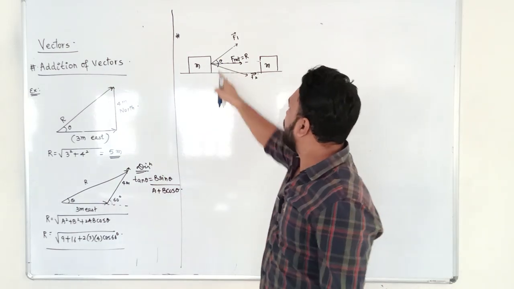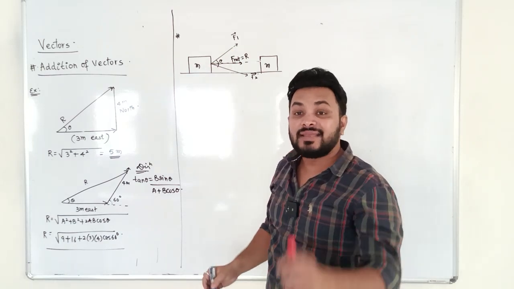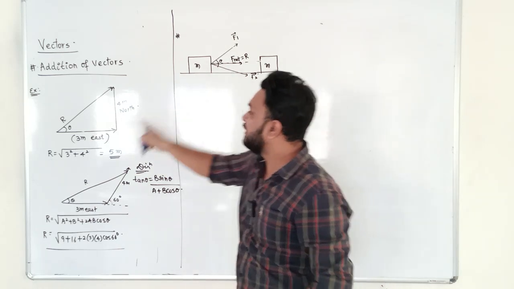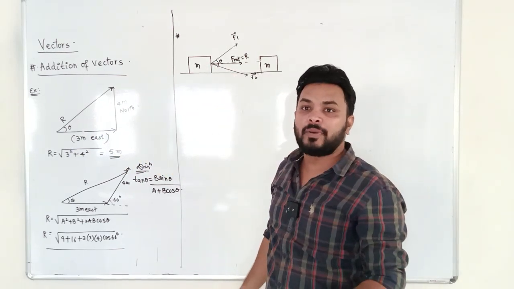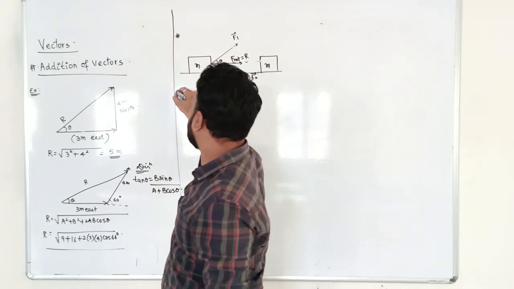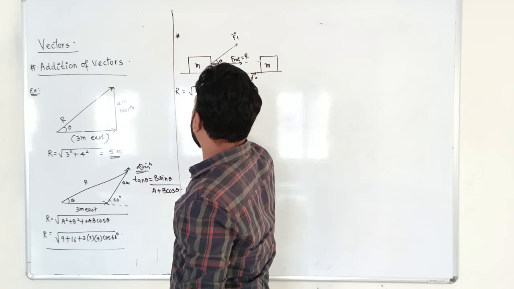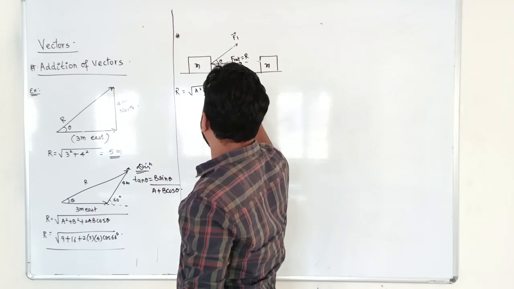See here, two vectors we are keeping in both magnitude and direction. The resultant we are taking along the diagonal. To find F net, we again have the same equation, A square plus B square plus 2AB cos theta.